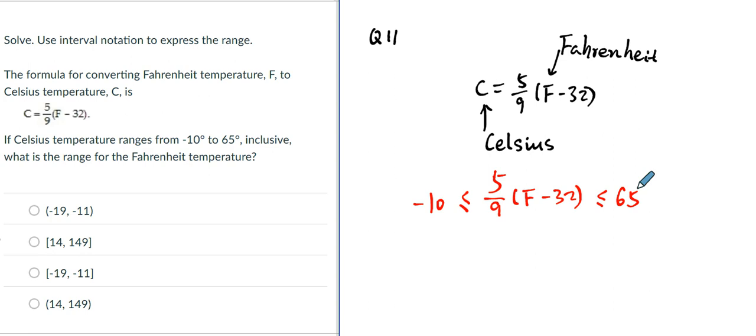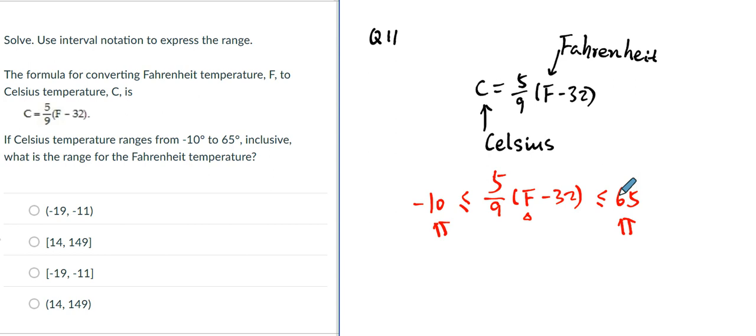If you go to Canada, they say the temperature range is between -10 and 65. You probably have no clue how high the temperature is. So you want to change it to Fahrenheit, and then know the range for the temperature.